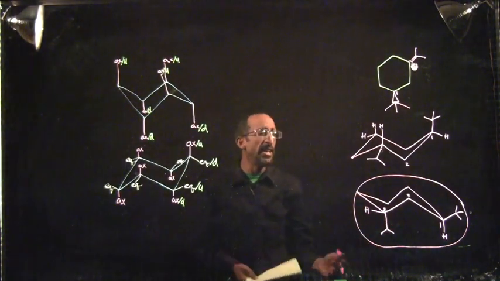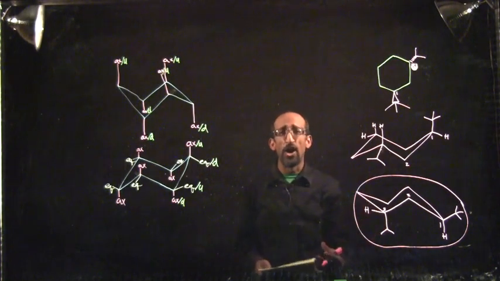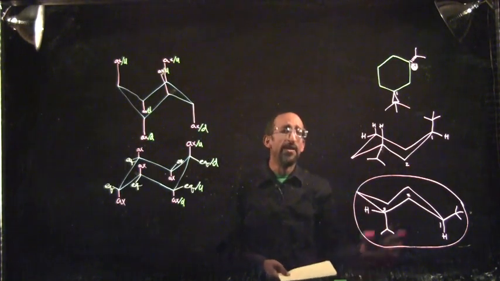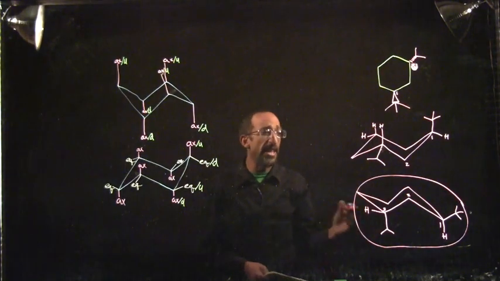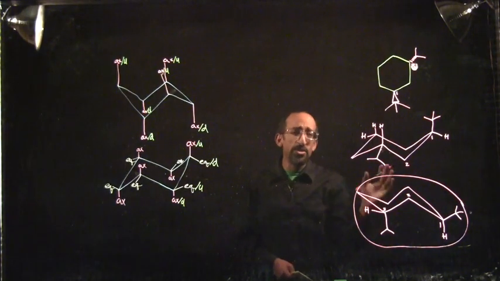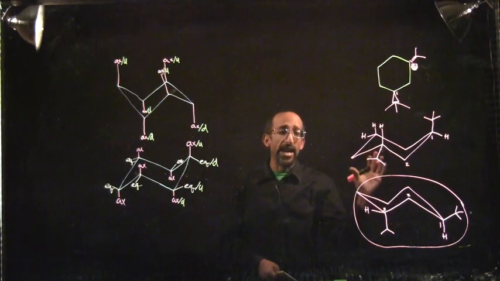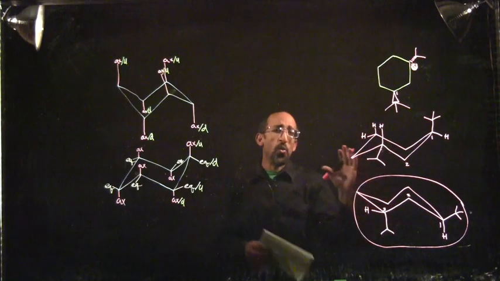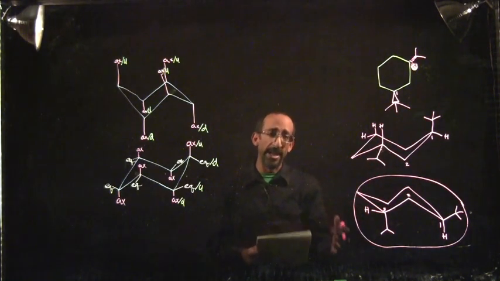The last thing that's useful for us to do is to make what I like to call a double Newman projection for these cyclohexanes and do conformational analysis in that way as well. When we do a double Newman projection for a cyclohexane ring, we're sighting down two parallel bonds simultaneously.